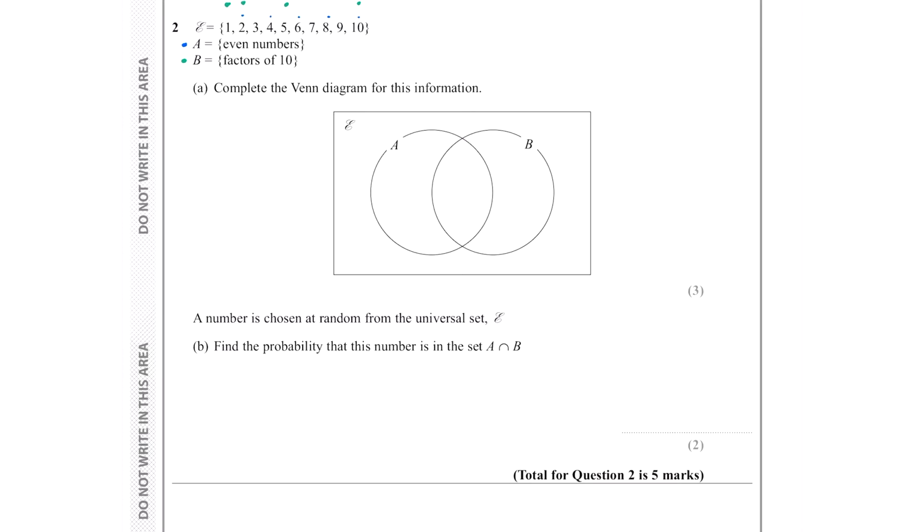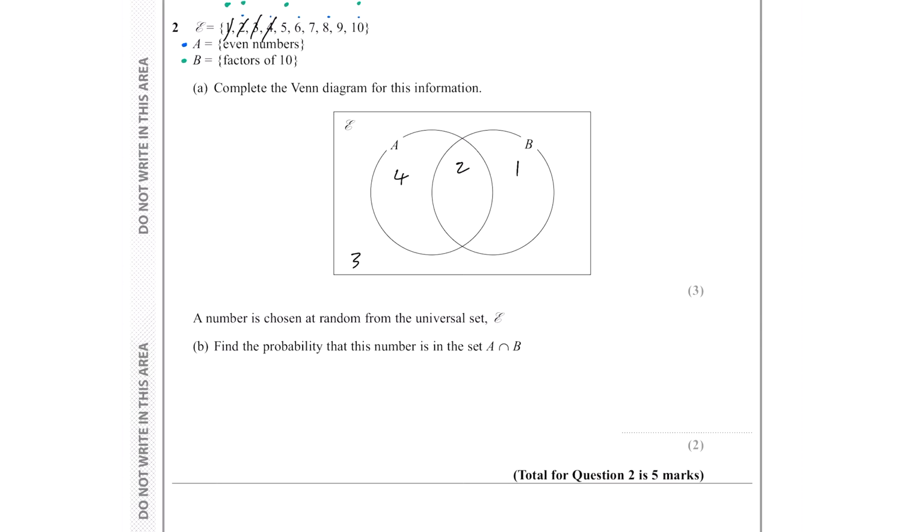Okay, so now if I work through these, if I start with the first number, which is 1, the 1 will end up in B. So you can cross that off. Now the next number appears in both A and B because it's got a blue dot and a green dot. The 3 doesn't appear in any, so we can put that outside here. The 4 only is an even number, so it'll appear in here.